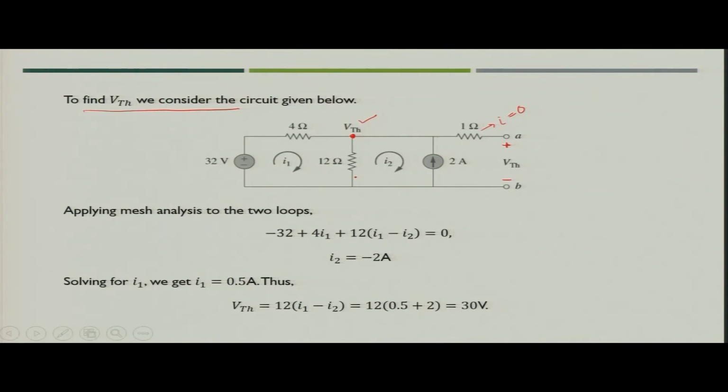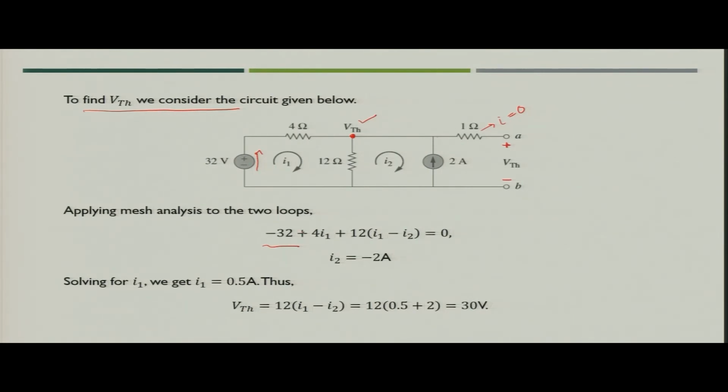Now, let us apply the mesh analysis for these two loops. For loop 1, when you apply the mesh analysis, what will you get? When you start from here, you will get minus 32 volt, because the mesh current is flowing from minus to plus.